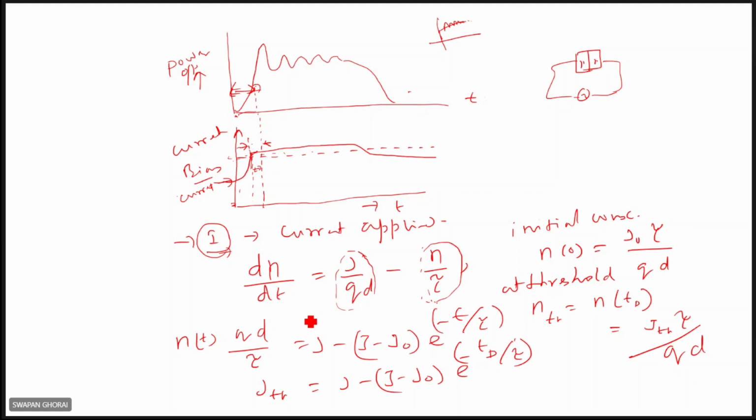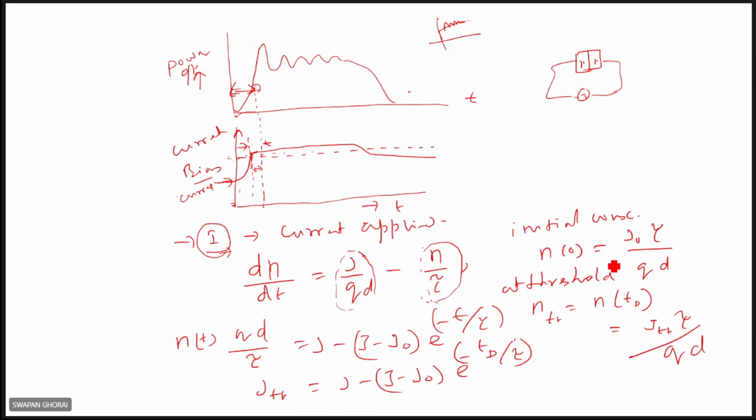Now, this can be solved with the initial conditions. At t equal to 0, the initial condition is I0 τ/(qd), where I0 is the bias current. Initially some bias current is there.